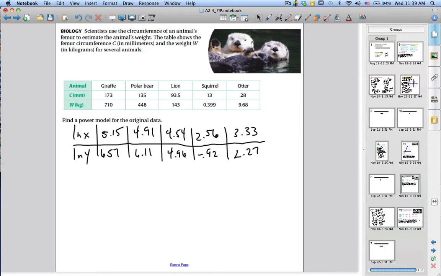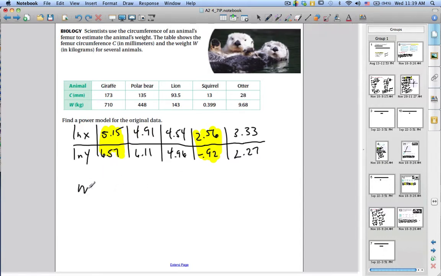So I'm going to pick this point as one of my points, and then I'm going to pick this as one of my points. Okay, they're pretty extreme. They're the far left and far right. That's going to help smooth out some of my error.